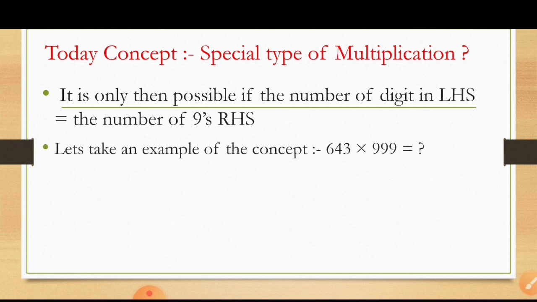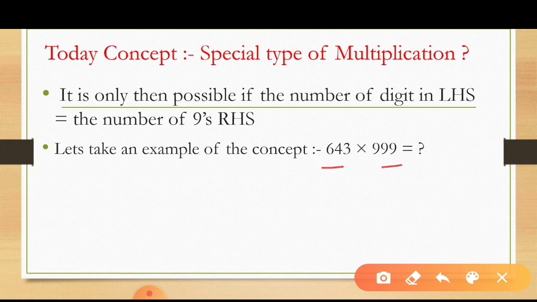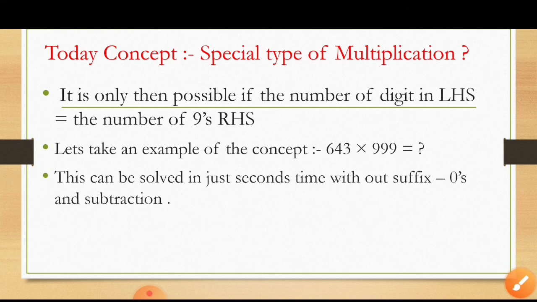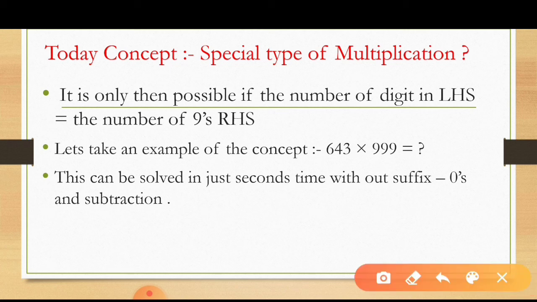So let's take an example of today's concept: 643 into 999. Here the same number of digits are given as 9s, 3 digits multiplied by 999. Now this can be solved in just seconds, without suffixing zeros and without subtraction.